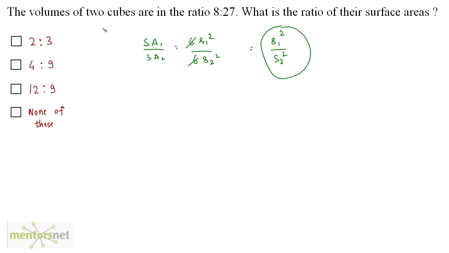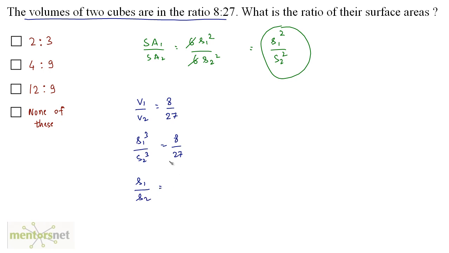So that can be found out from what data has been given to us, the ratio of the volumes. So V1 by V2 is equal to 8 by 27. Well, V1 by V2 can be written as S1 cube by S2 cube is equal to 8 by 27. So S1 by S2 is equal to, taking cube root of 8 and cube root of 27, cube root of 8 upon cube root of 27.